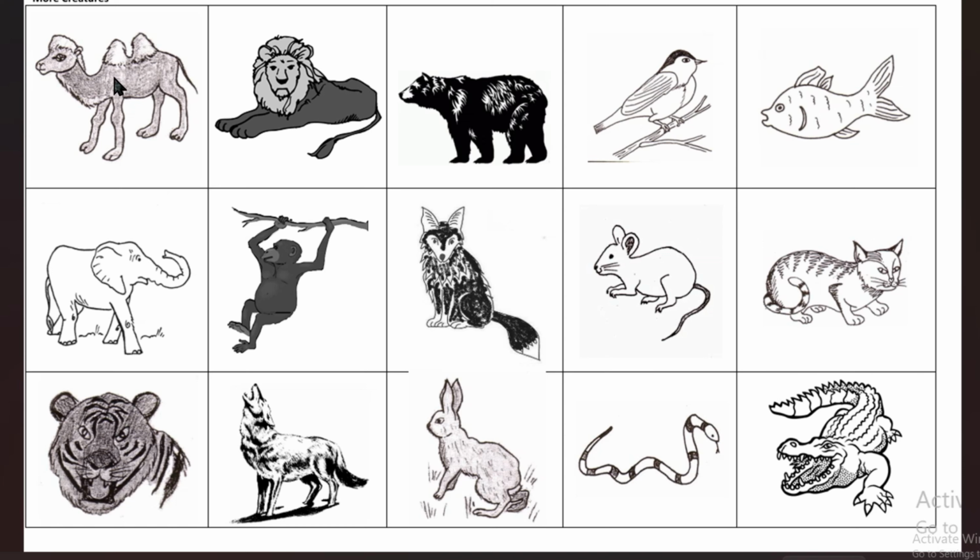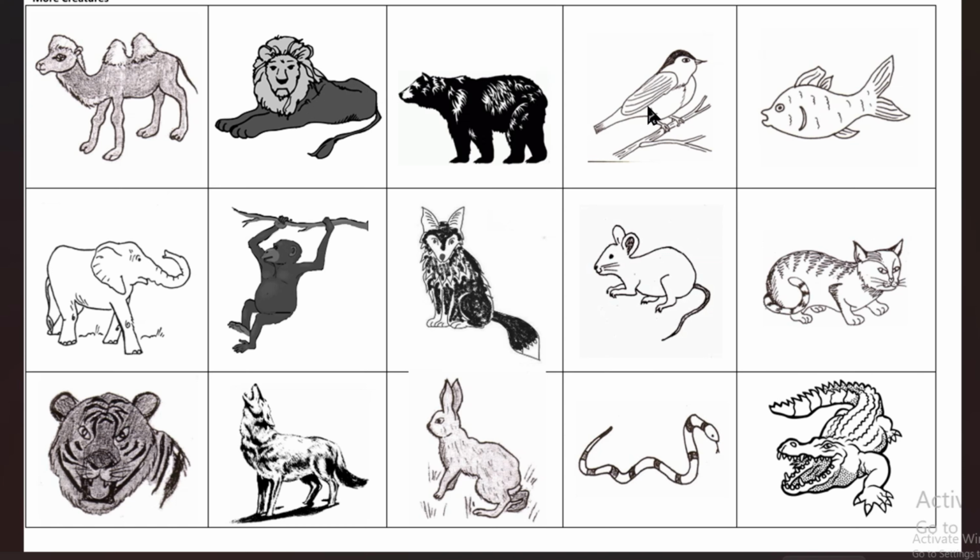The camel is harmless. The lion and the bear are not harmless. They are going to hurt people or human beings. So they are dangerous.